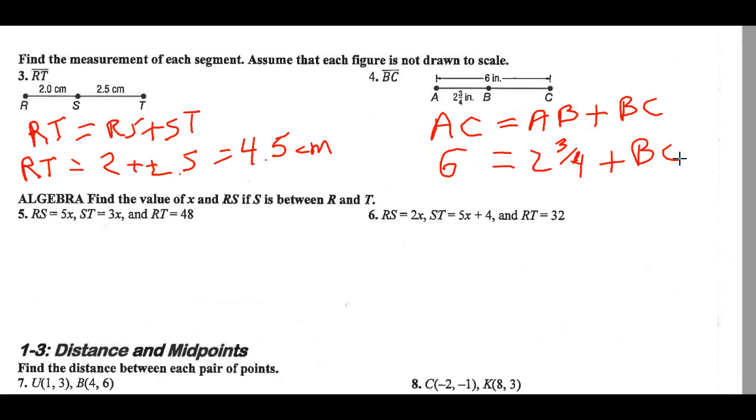Okay, so to find BC, I would have to subtract. So BC here should be 6 minus 2 3/4.